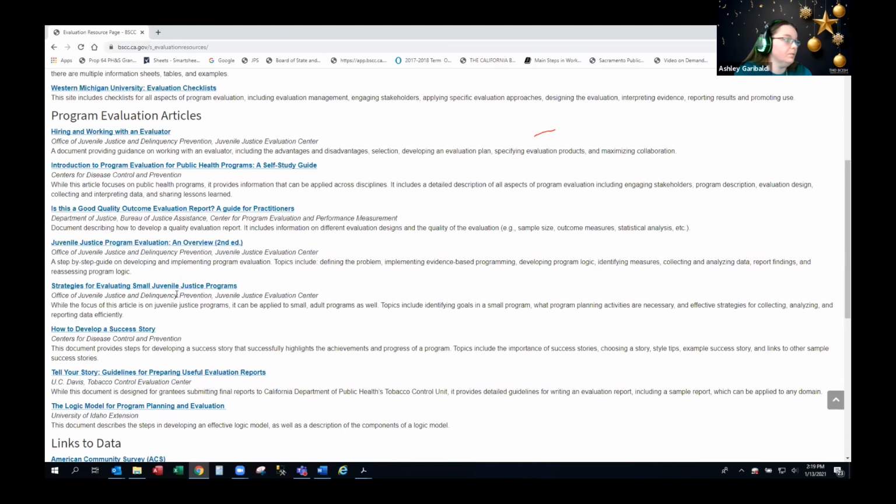So that might be one to take a peek at. Developing success stories and telling your story, and then logic models down here as well. So just take a little bit of time and look through these. It looks a little intimidating. There's a lot here, but they are very helpful.